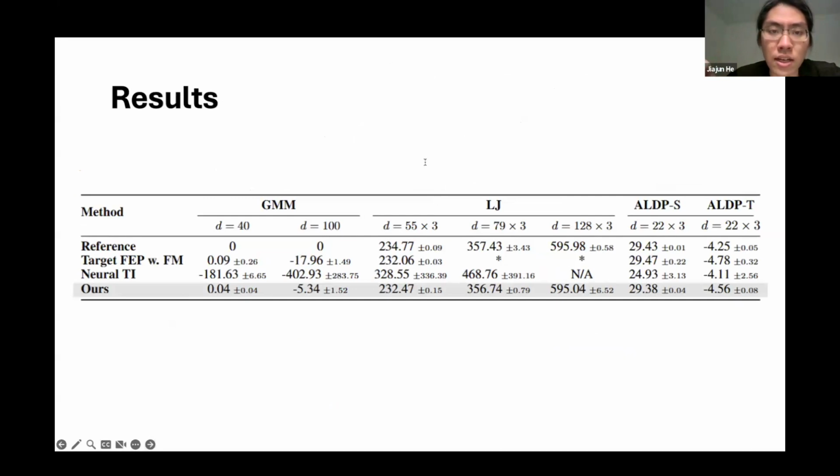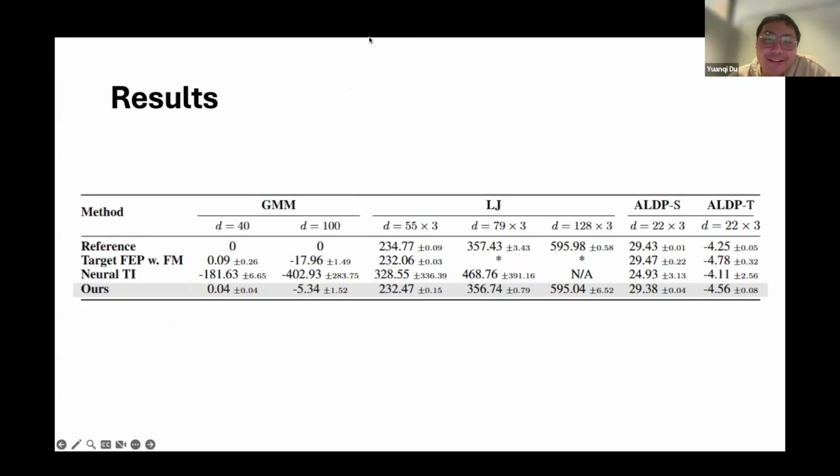So basically, it ensures that the boundary condition is satisfied, and also that along the path in between, the energy will not go crazy. But here, to give a fair comparison, we use almost the same network architecture for the 3 methods. That means there's no preconditioning and no enforced boundary. We just try to learn it, and it cannot learn very well. That's why it has a large deviation from what we expect.